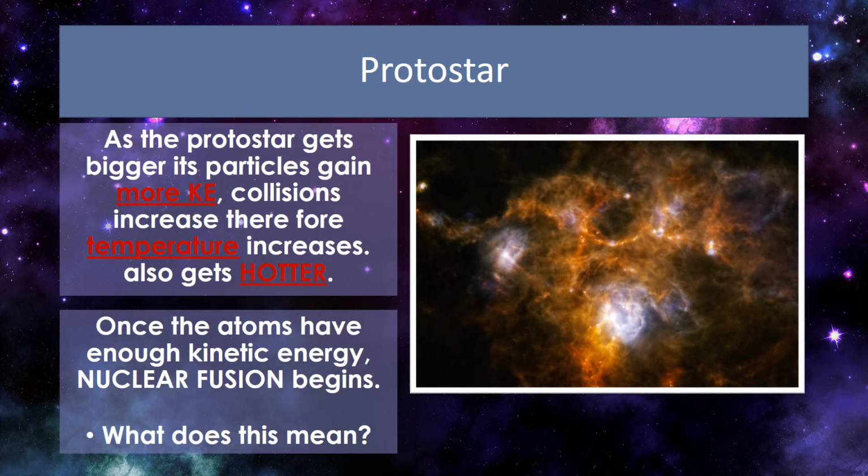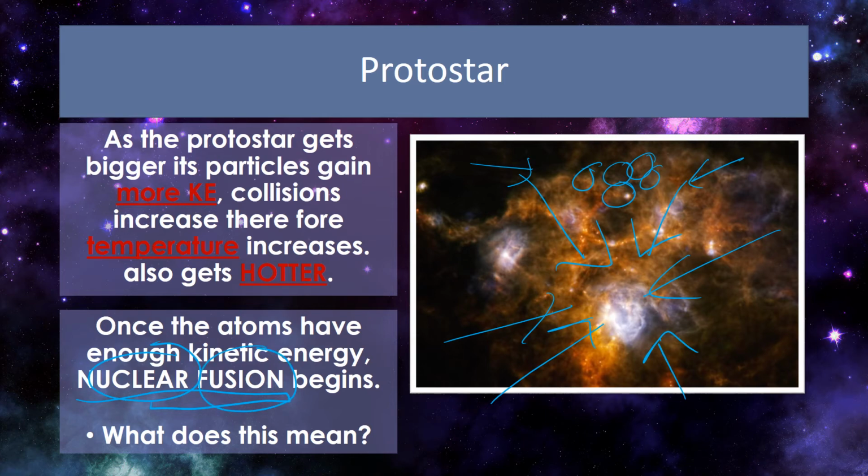As it gets bigger, it gets even more kinetic energy, lots of collisions, so lots of chemical reactions. So then it gets hotter, and if particles have enough energy to collide, they will start forming new nuclei and sticking together under that pressure, and we get nuclear fusion. So nuclear means of the nucleus, fusion means joined together.